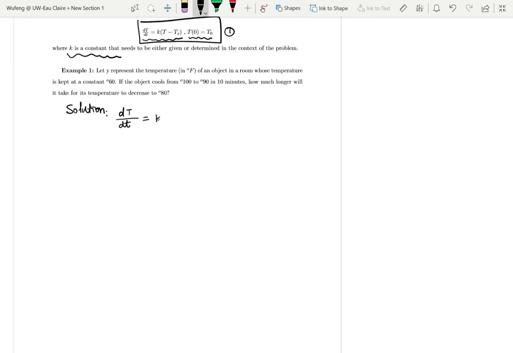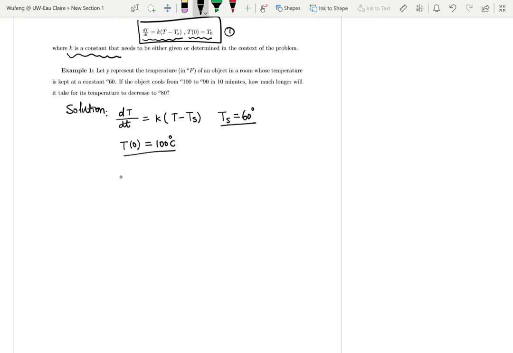We don't know k, but we do know Ts, the surrounding room temperature, is 60 degrees. We also know T0 is 100 degrees. So based on this, we plug it in.